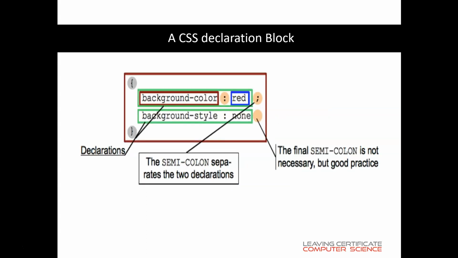Declarations are then put together into declaration blocks within curly brackets. A number of declarations can go inside the curly brackets, and each declaration is separated from the others with a semicolon. It's good practice to include a semicolon at the very end as well, just before your closing curly bracket.